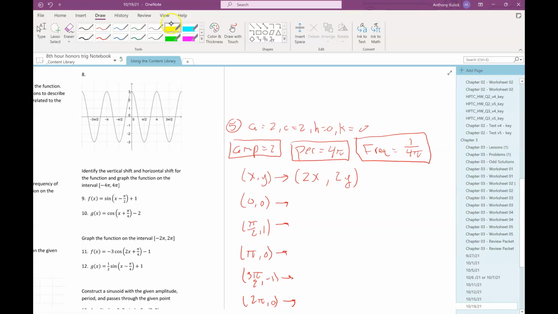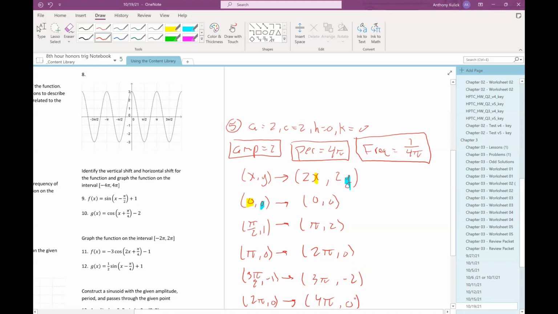Then I'm just going to take my x's and plug them into my formula, and take the y's and plug them into my formula to generate my new key points. Okay to there.